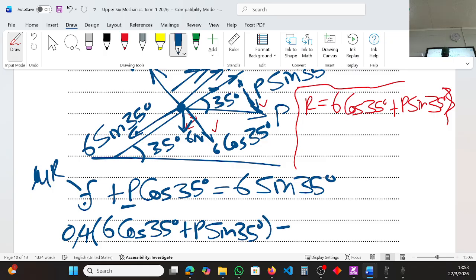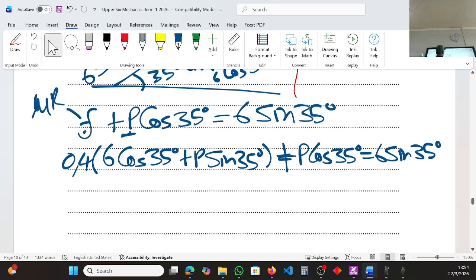There is a plus P here, P cos 35 degrees. This is equal to 6 sine 35 degrees. Then let's see if I can expand the brackets, because I want to combine the like terms.